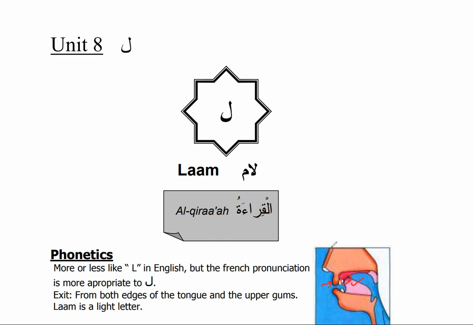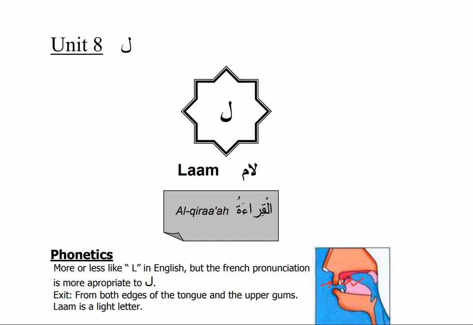This is a very light letter, and it is actually the same sound as the L in English. It also looks like the other side of the English L. It is a lam with a curved end.